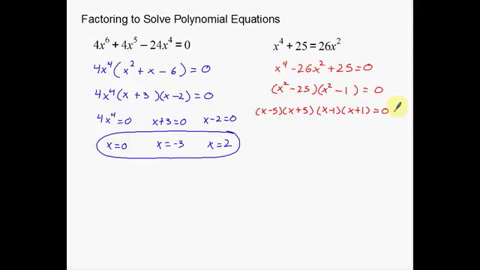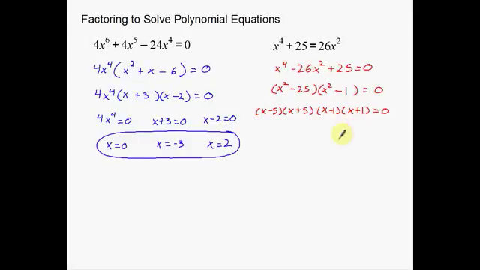Just like the last problem, we're going to take every single one of these parentheses and set them equal to 0. Here's a little shortcut. If you have these very simple parentheses, where it's just x plus 5, x minus 5, x minus 1, x plus 1, just simple ones with x's, all of your solutions are just going to be the opposite of the numbers inside the parentheses.